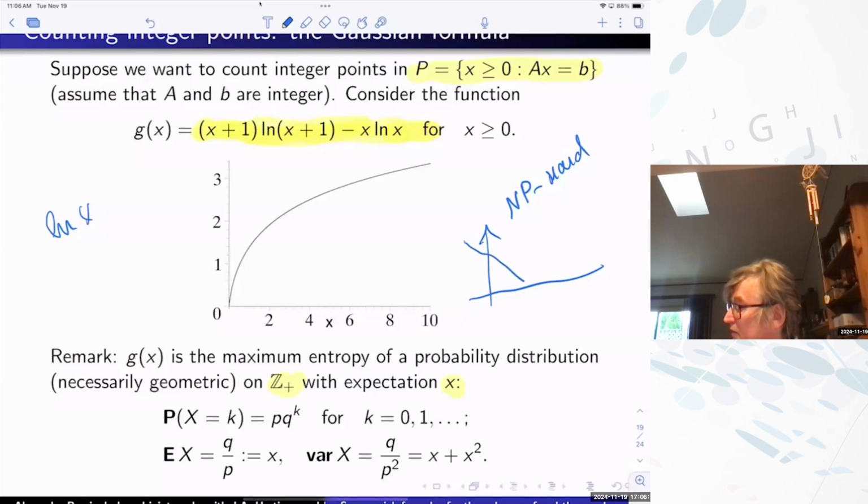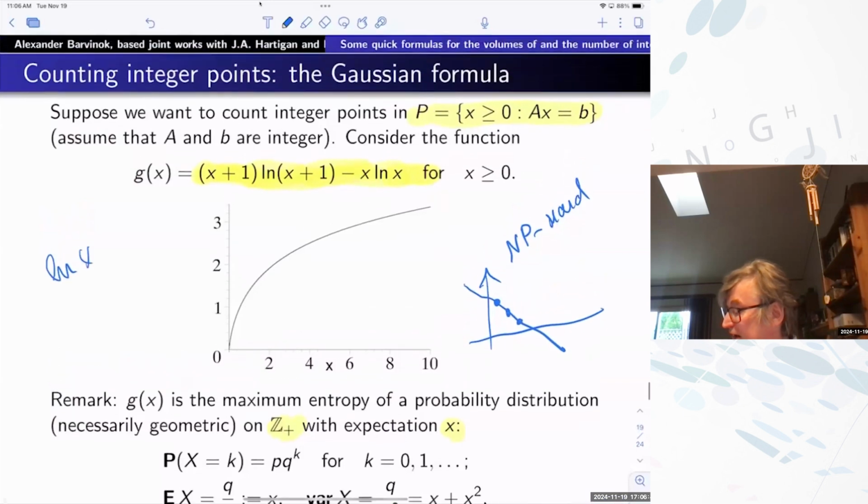So we have a polyhedron now, and we'd like to understand what a random integer point of that polyhedron looks like. And what do we say? What do we know about this distribution? That it's concentrated on non-negative integers, and its expectation is in the affine subspace.